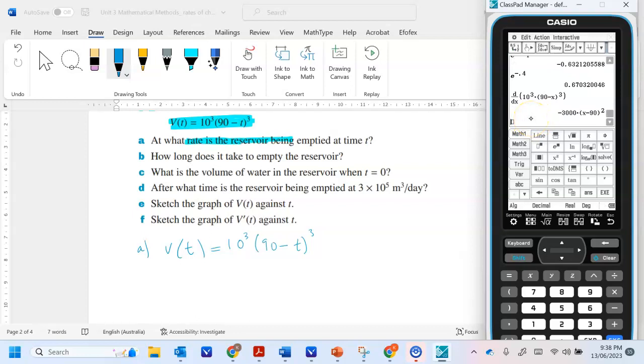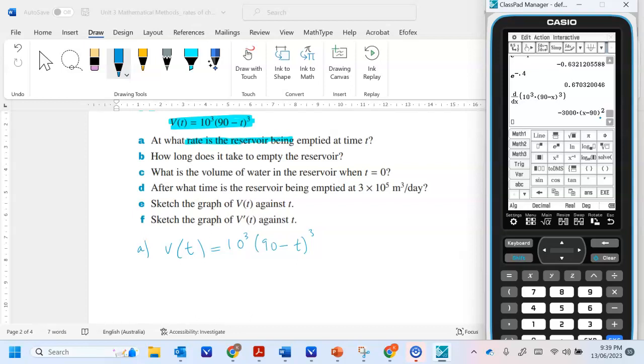Especially if you ever define a function, you also need to make sure you're consistent with what variables you use. Now, this is also important. With your derivatives, my answer on my calculator has x. The question, there is no x, it's t. So you've got to be careful when you're transferring something from a calculator to your page to make sure that you're not writing x when it should be t.